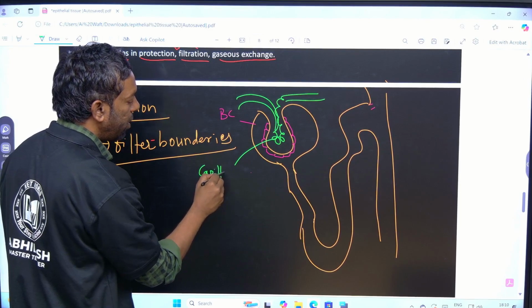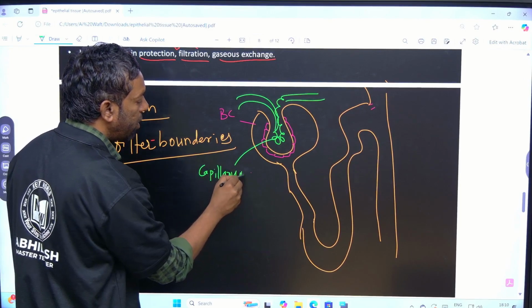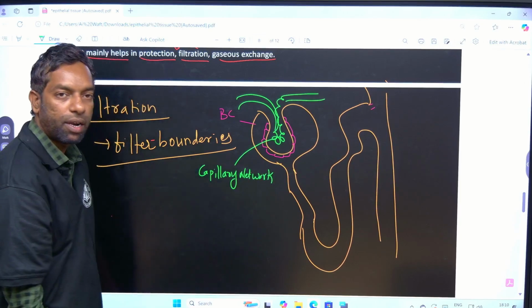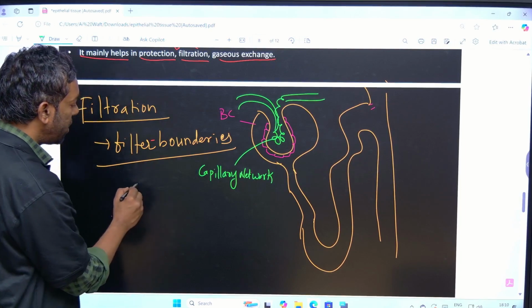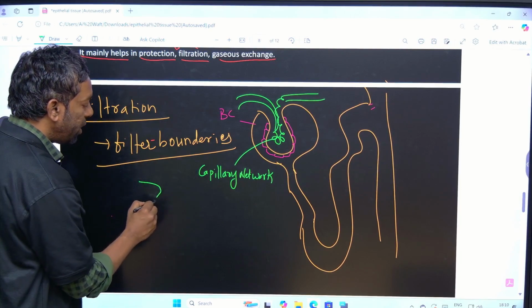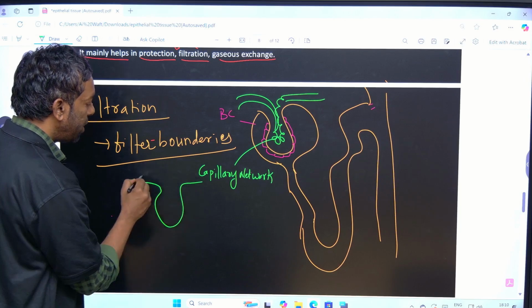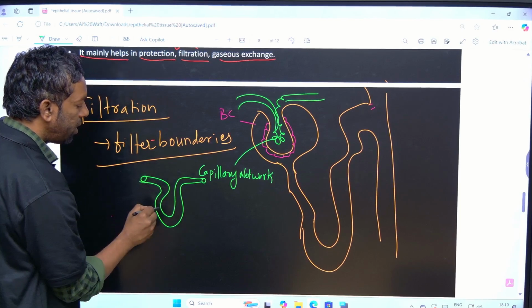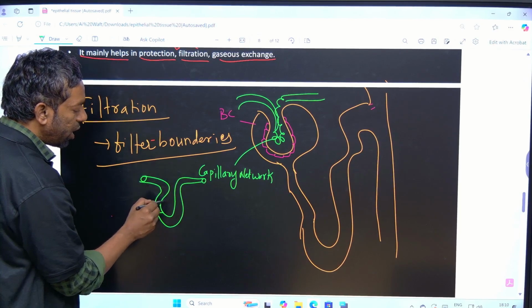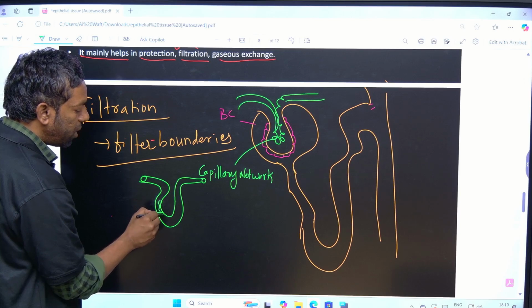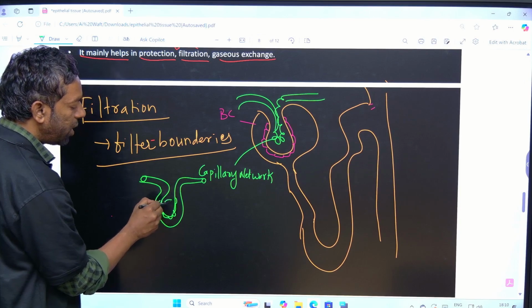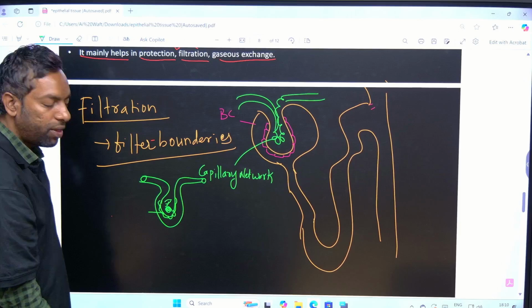It is made up of modified endothelial cells, the blood capillary.